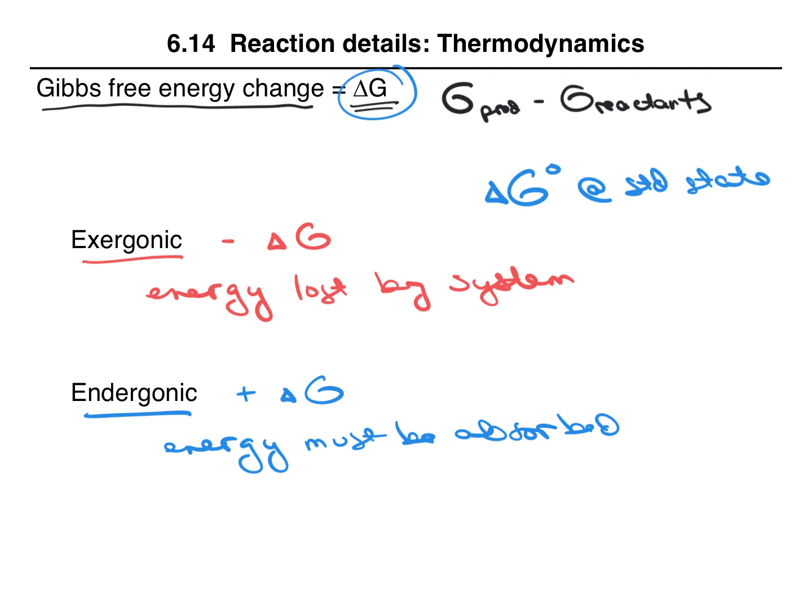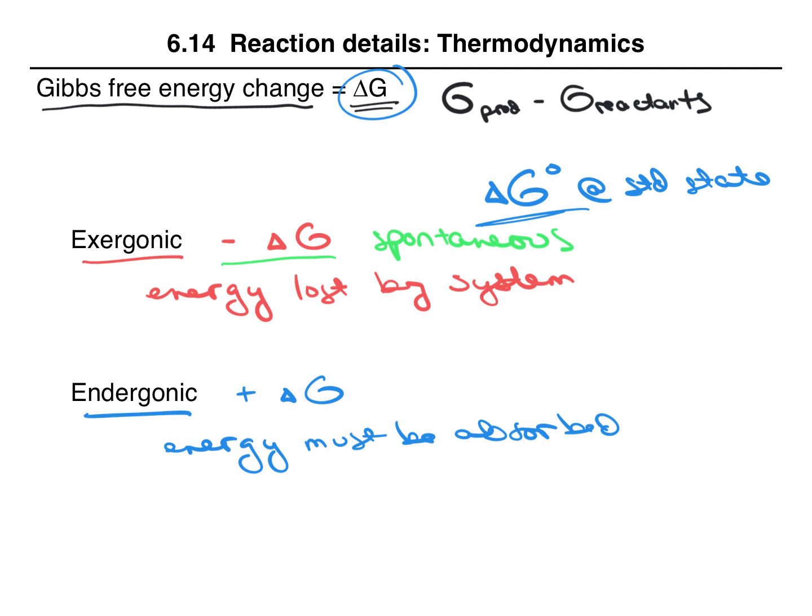So for the most part, that's what we're going to be focusing on. If I say delta G, I really refer to delta G0. So a negative delta G means it is a favorable reaction. A positive delta G means it's not favorable, so we would have to put some energy in to get the reaction to go. Now, another common way to refer to this, if we have a negative delta G, then this is a spontaneous reaction.